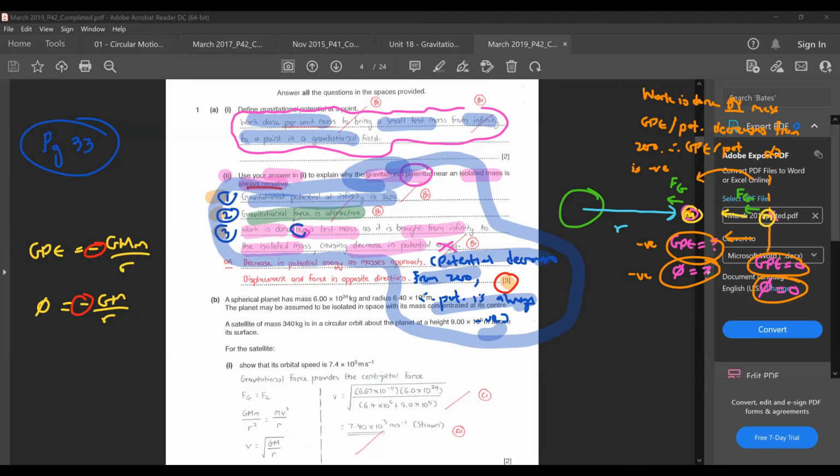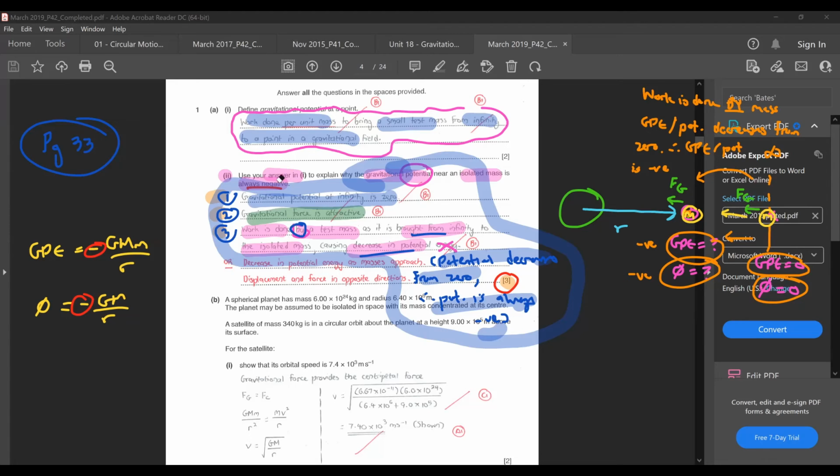Work will be done by the test mass as it is brought from infinity, causing decrease in potential. So therefore, your potential will always be negative. Okay, so this one is one part, just like that. Then after that, we go on to the next one.